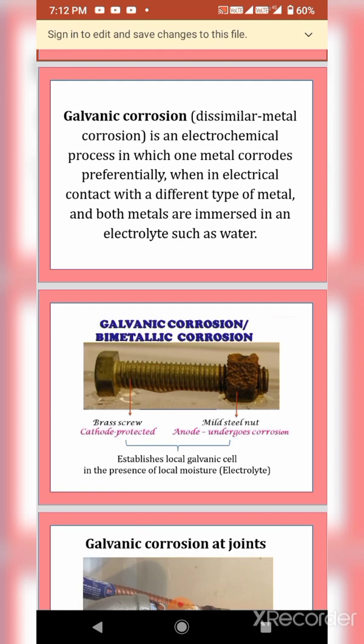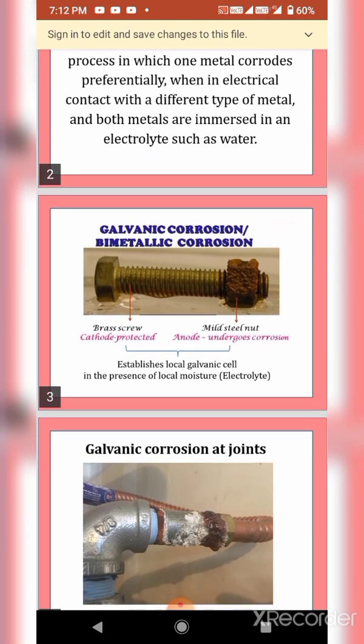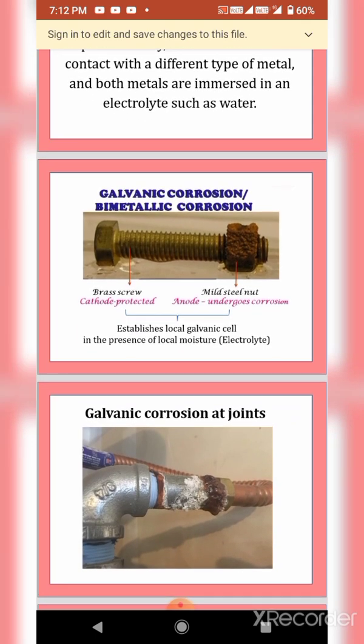It means an electrochemical process in which one metal corrodes preferentially when in electrical contact with a different type of metal, and both metals are immersed in an electrolyte such as water. Here is an example. Here is a brass screw and a mild steel nut. They both are in contact.